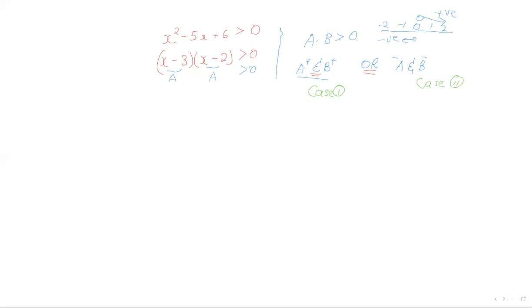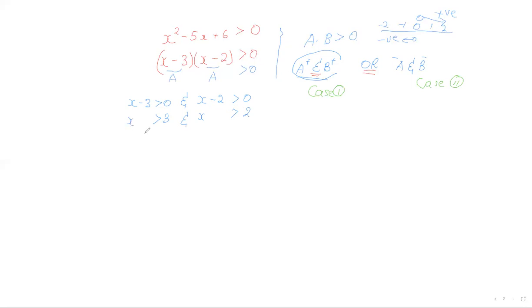In case 1 here, we have x minus 3 is positive and x minus 2 is also positive. That's this scenario here. Now, you have x greater than 3 here. At the same time, x is greater than 2.